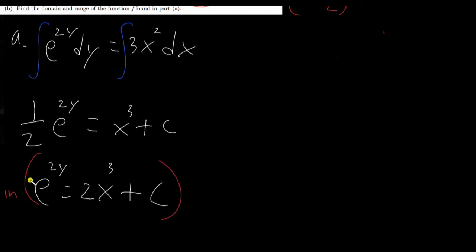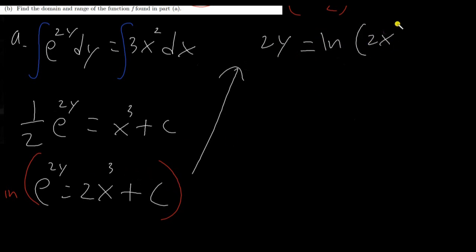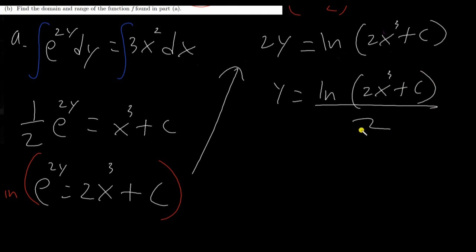And then the natural log of e to the 2y is just 2y. And then the natural log of this, I'll write that out. The natural log of 2x cubed plus c. And then finally we'll divide by 2 to get y is the natural log of that over 2.